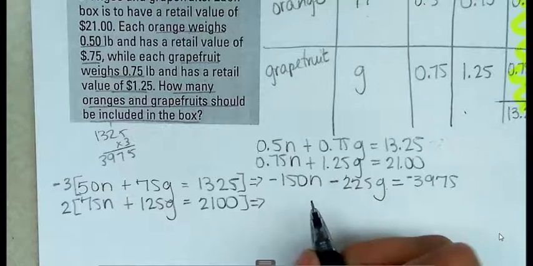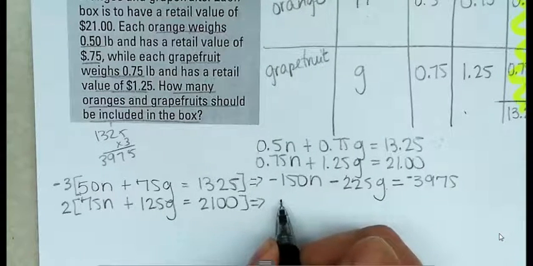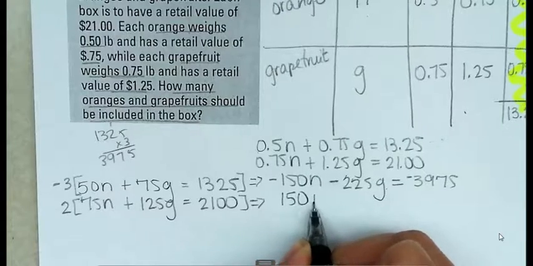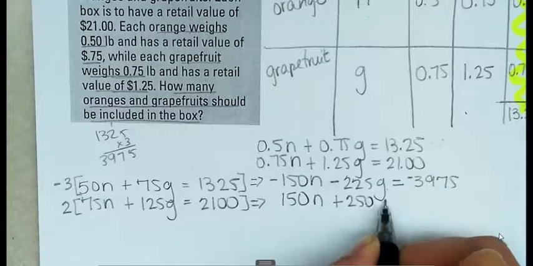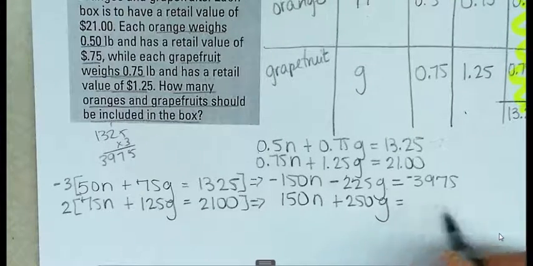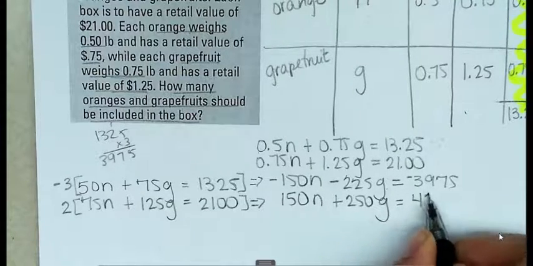The next one is positive 150n, positive 250g, equals positive 4,200.